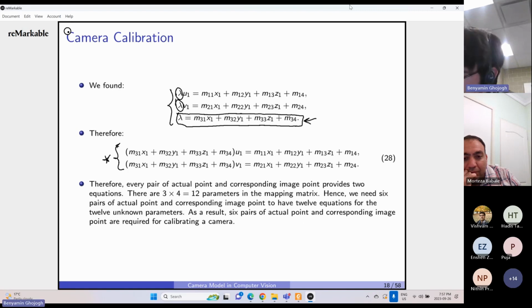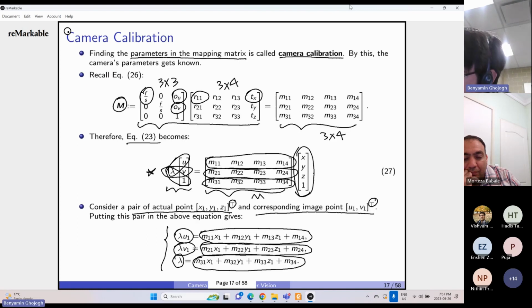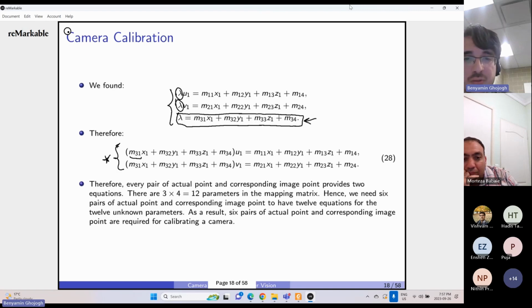What are my unknowns? All of these mij's. So how many unknowns do I have? 3 by 4, 12. I have 12 unknowns, right? All of these elements. For every pair, I can find two equations. How many equations do I need to have a linear system of equations and find the unknowns? I have 12 unknowns.